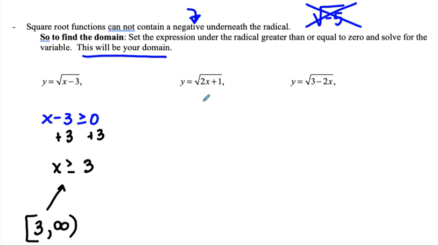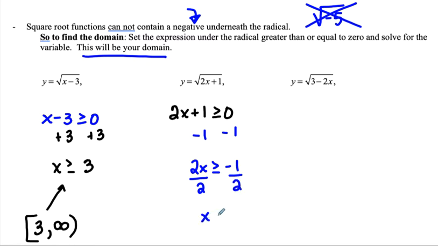Okay, let's look at the next one. Again, we set what's under the radical greater than or equal to 0 because we need that value to be positive. Setting it greater than or equal to 0 ensures it will be positive. So I'm going to subtract 1 and then divide by 2.